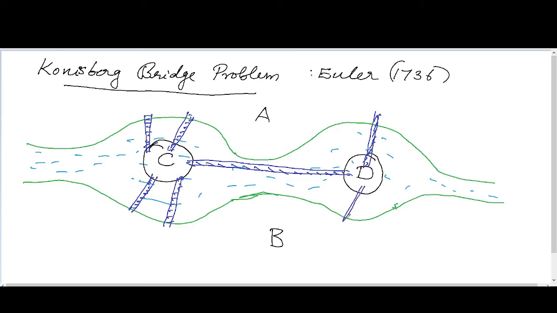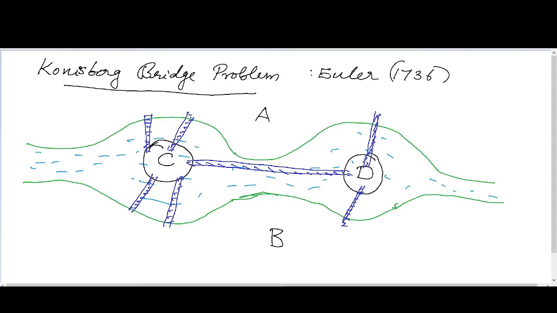This is our sixth and this is our seventh bridge. So here we want to find a walk over each of the 7 bridges exactly once and return to the starting point without swimming across the river. So this is the pictorial representation of our Königsberg bridge problem.